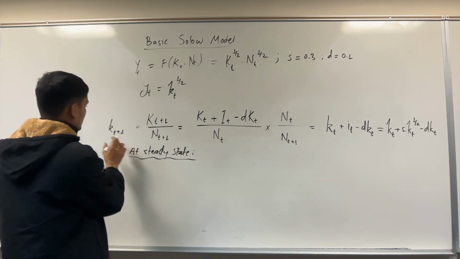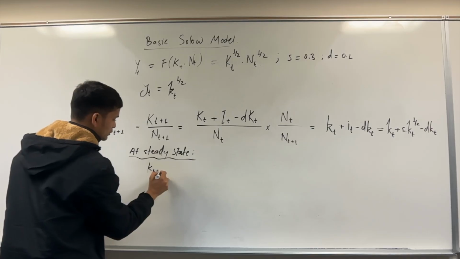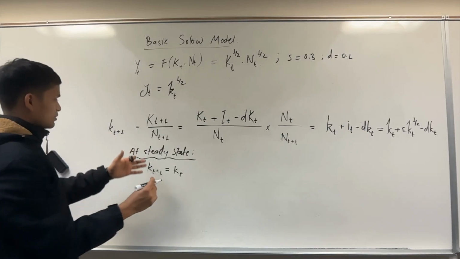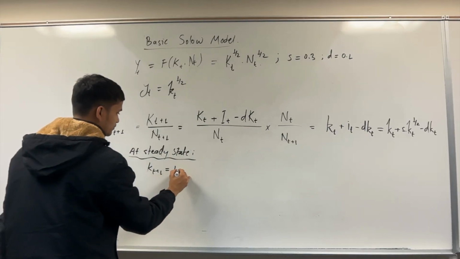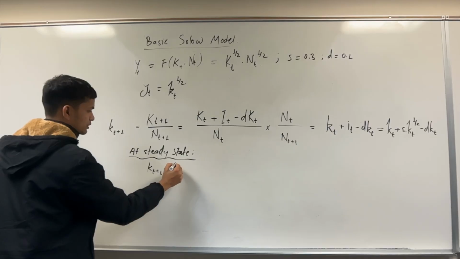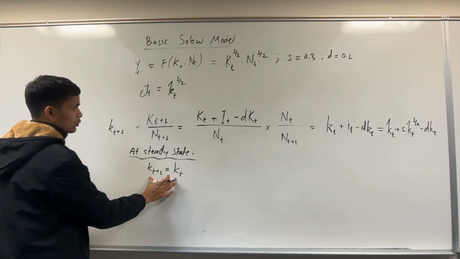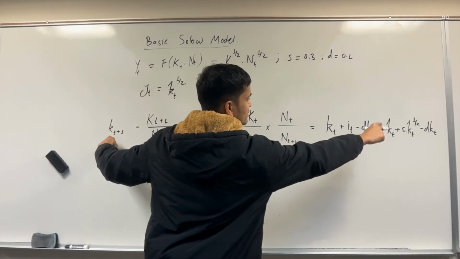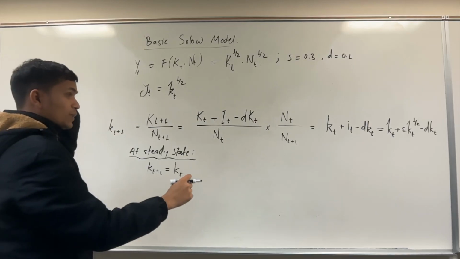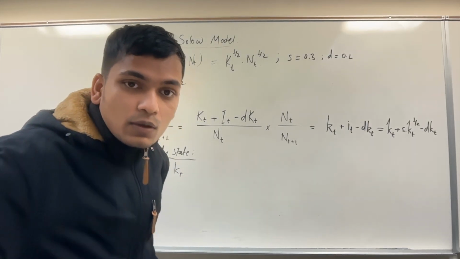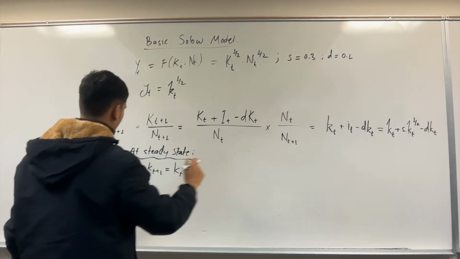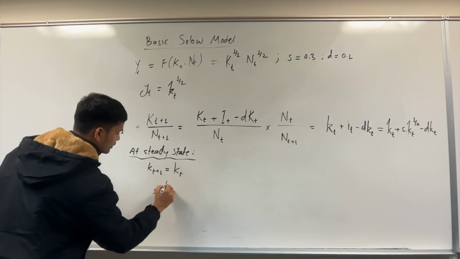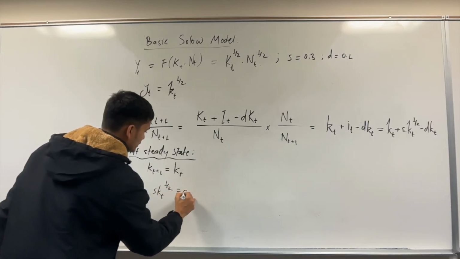So at steady state, k_{t+1} is going to equal k_t. That means there is no change in the per capita capital accumulation. If both of these are equal, then from this equation, k_{t+1} equals k_t plus s k_t to the power 1/2 minus d k_t, we get that s k_t to the power 1/2 equals d k_t.